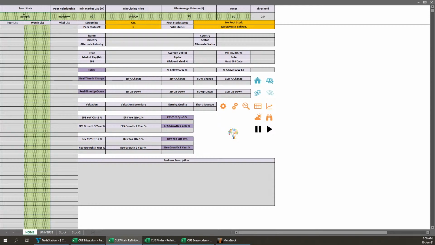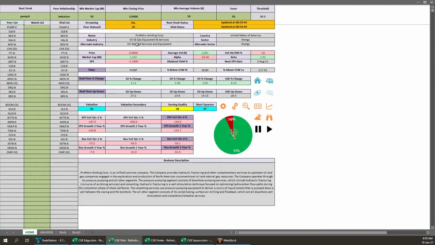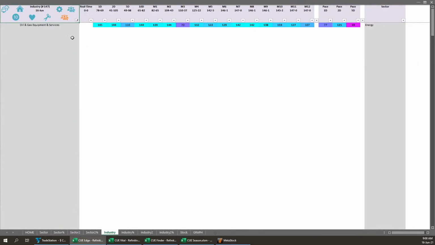When I type the root stock, it is doing many things in parallel now, and you see the scorecard is coming almost instantly. It is not waiting. Remember in the webinars earlier, I had to go to the QH to look at the industry while it was calculating the scorecard. It is still doing some calculation in the background, but I don't have to go to the QH.